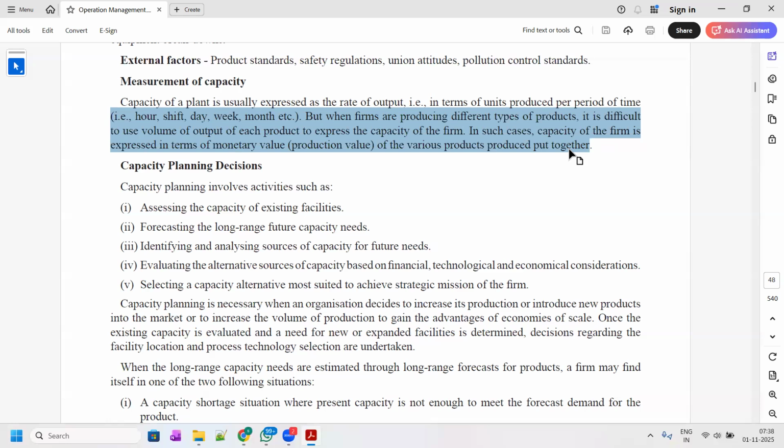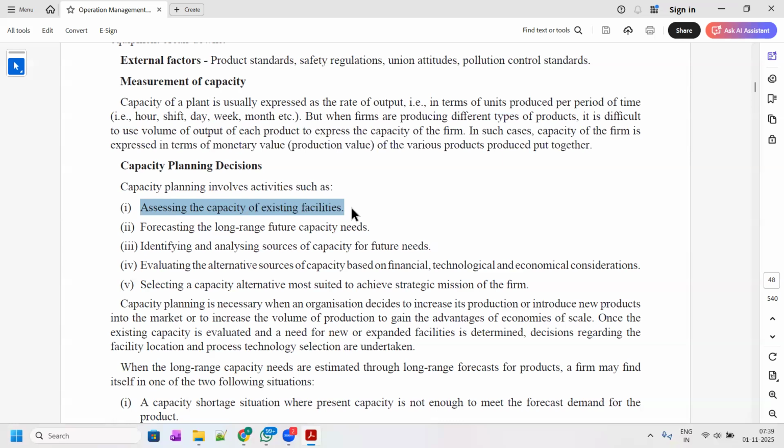Whenever we talk about capacity planning decisions, it involves several activities. Those activities can be assessing the capacity of the existing facilities. Whatever existing facilities you have, first you try to analyze their capacity.